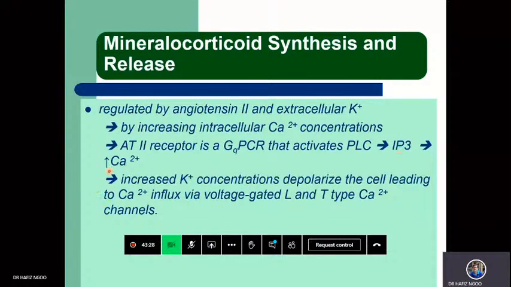IP3 stimulates calcium release from the internal store. Whereas potassium depolarizes the cell, which activates the voltage-gated L and T type calcium channels that allow calcium influx. Both mechanisms increase intracellular calcium, which allows exocytosis of the hormones that are being formed.